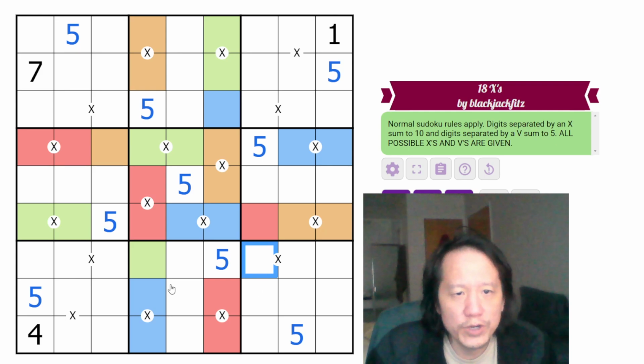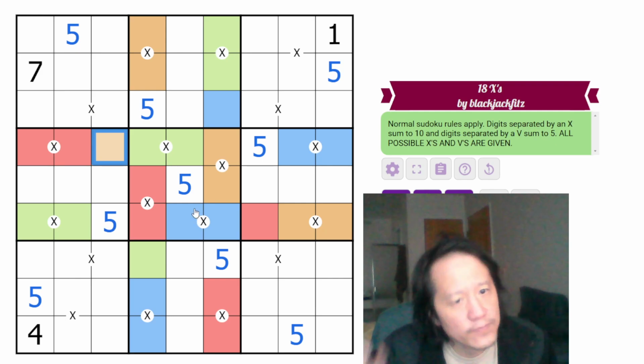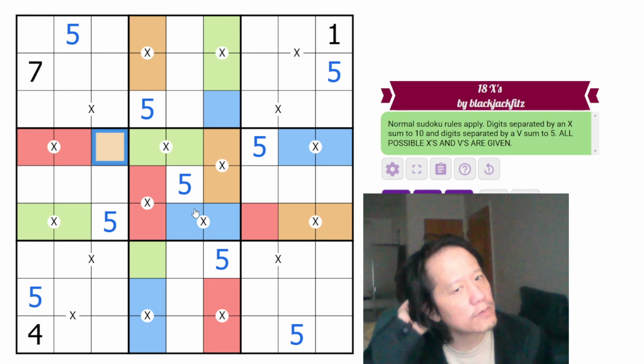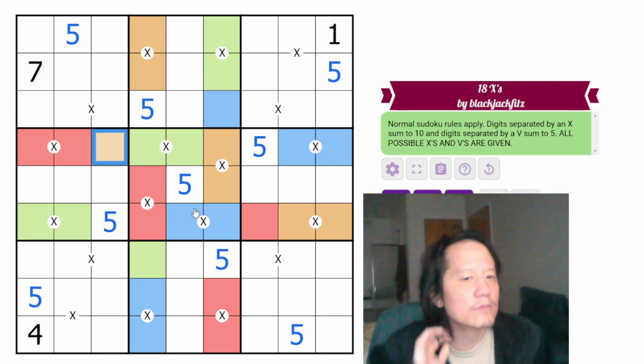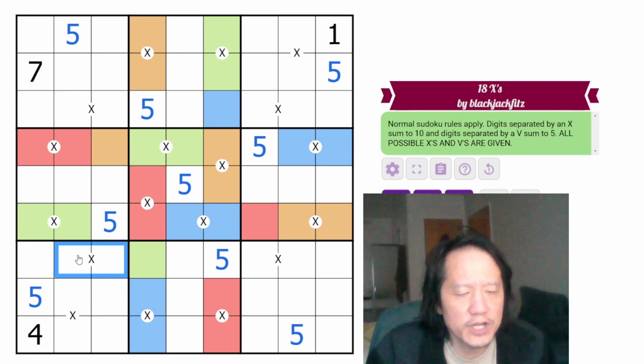Well, we know this is a green. This is an orange. What can this not be?